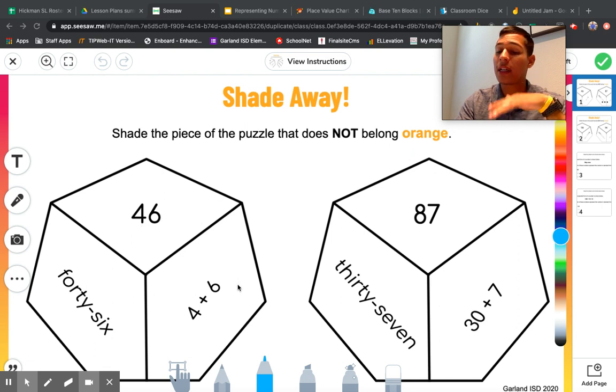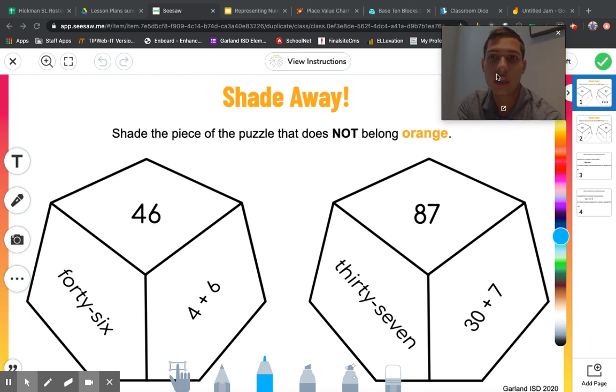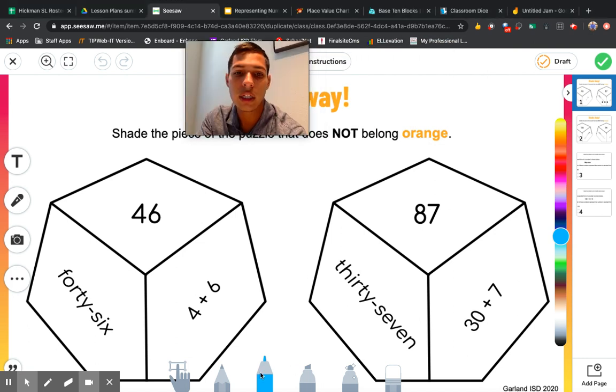All right, all of these, not some of them. I'll actually do this first one with you guys. So 46. So you're going to get shading tool, 46. Right, we know that we can do tens and ones. So let's start with this one. 4 plus 6.